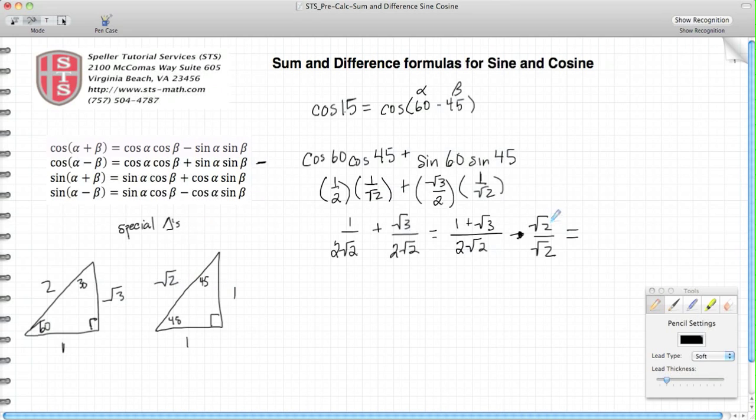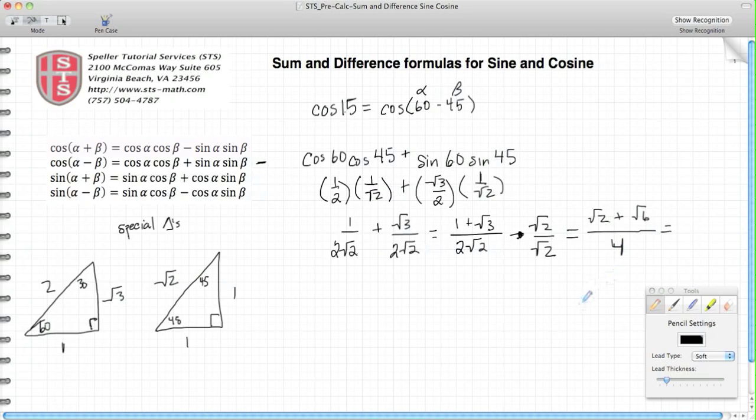Let's distribute the root 2. So root 2 times 1 is root 2, plus root 2 times root 3 is root 6, and root 2 times root 2 is just 2, and then 2 times that 2 gives me 4. So I'm left with root 2 plus root 6 divided by 4.